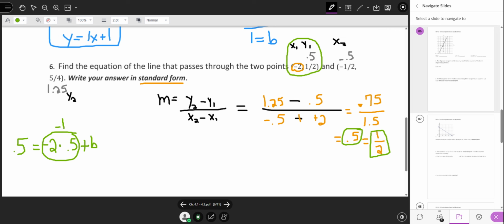Now, I'm going to add 1. So 1.5. And when I turn that into a fraction, that's 3/2. Oh, yuck.